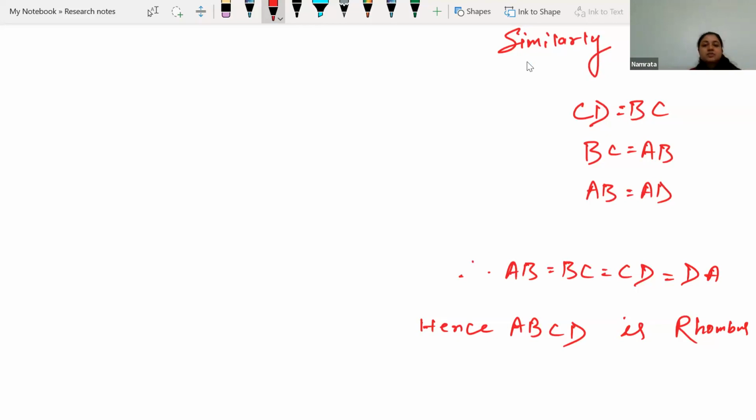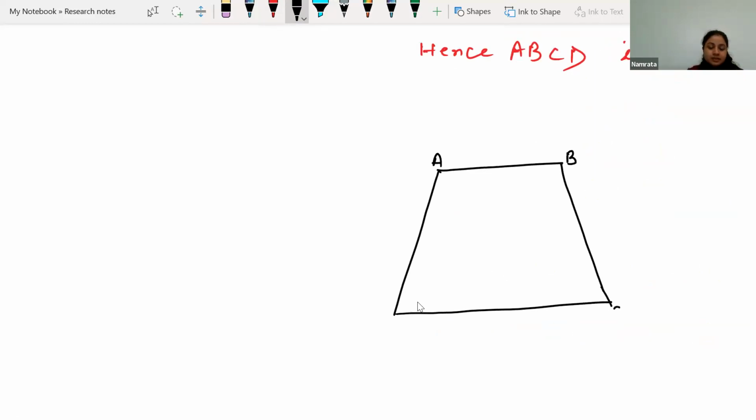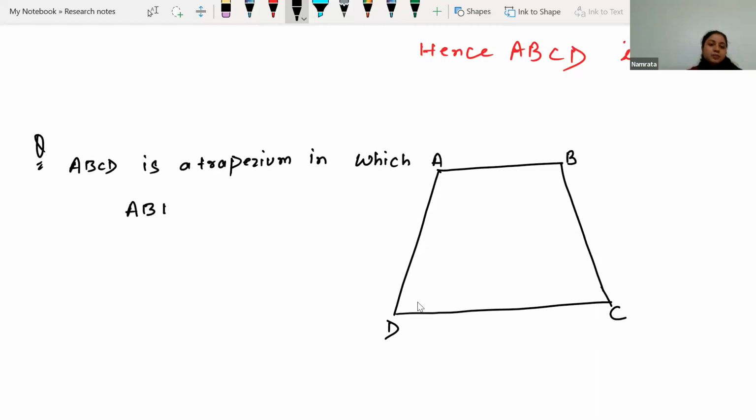Now let's do one tricky question. Okay. Here the question says, ABCD is a trapezium in which AB is parallel to CD and AD is equal to BC.